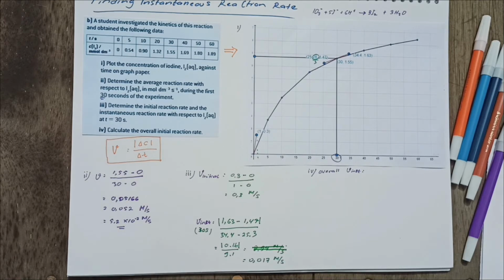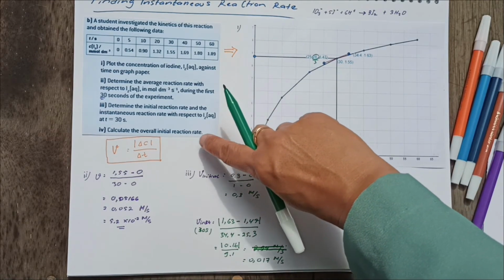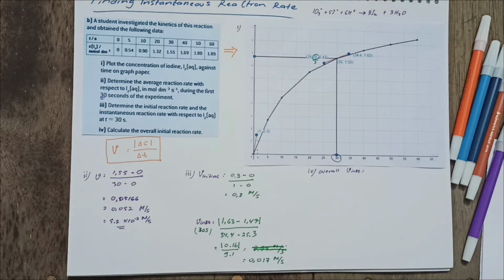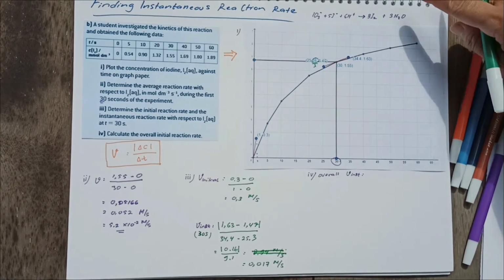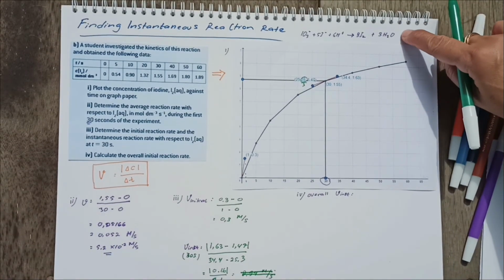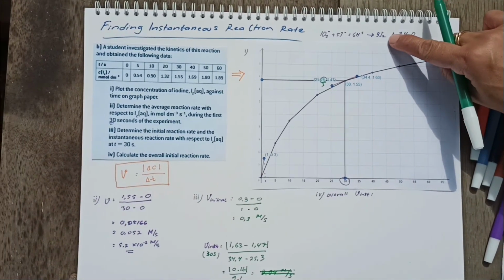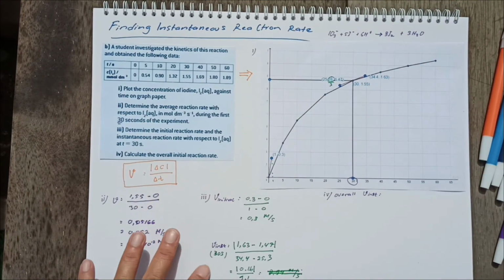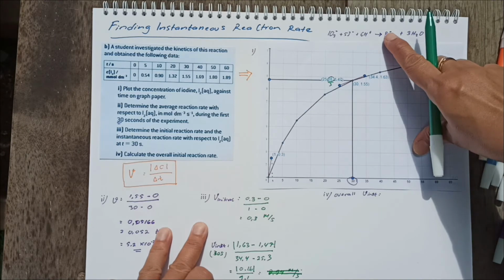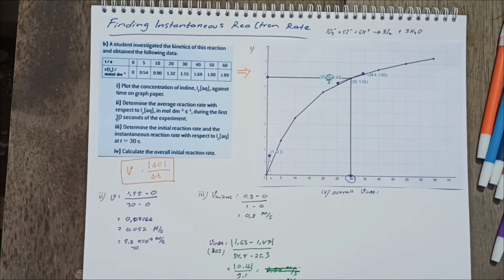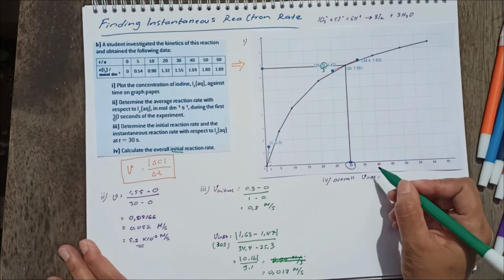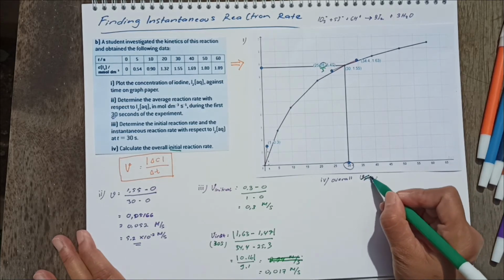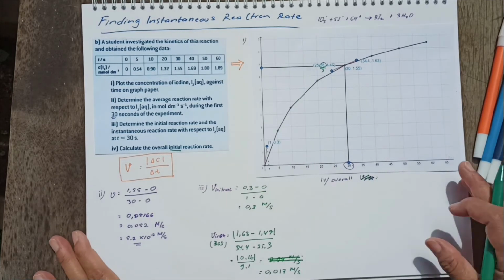Now we move on to the next calculation, which is to calculate the overall initial reaction rate. To do that, you need to pay attention to the reaction here. I've already written down the reaction here, and the coefficient of iodine is 3. So whatever you get from here, it's going to be divided by 3. Okay, the question is the overall initial rate. So I'm going to scratch this one. It seems that we have a different question from the sample that I gave you before.